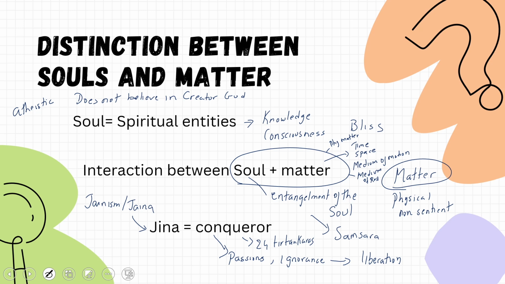Effort, yes. Something else? Conduct, right? So how the individual behaves, what actions he performs. So in a way we see that practice of good life is what Jainism tends to emphasize.